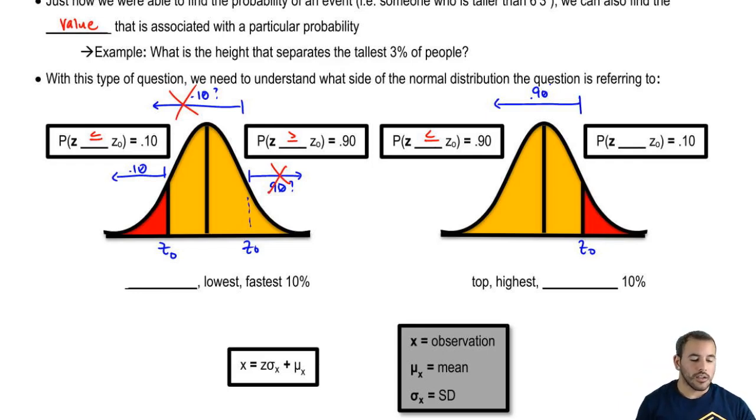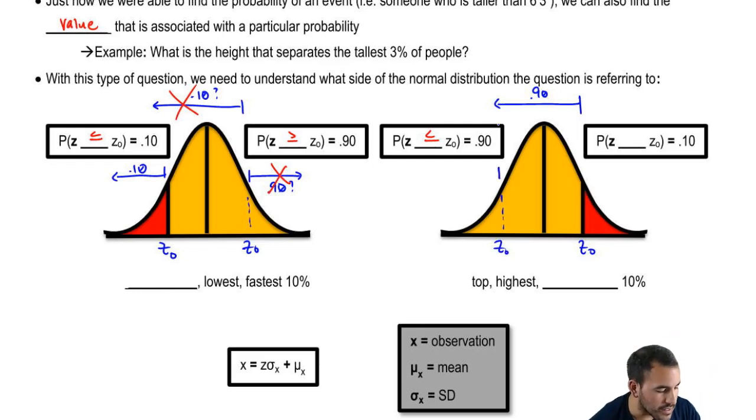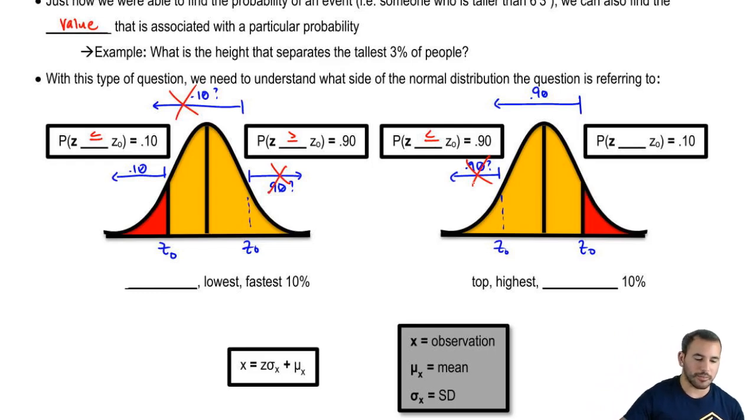So then we try on the left side, and this z, we can't have 90% less than that, right? That doesn't make sense. That's too little area. So this one wouldn't work. And if you get really good at this, you don't really have to do this whole left and right thing. You can kind of just figure it out. But just to start off, let's go ahead and say, what if it was on the left? Does that make sense? No. What if it was on the right? Does that make sense? No or yes, whatever the case may be.